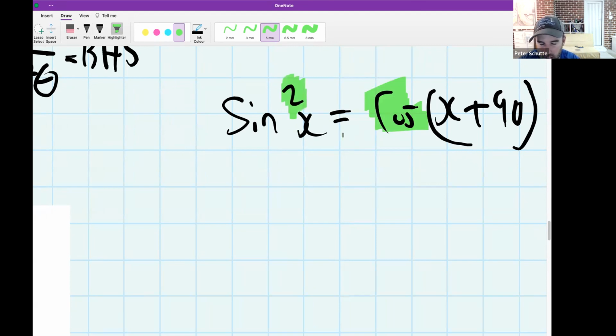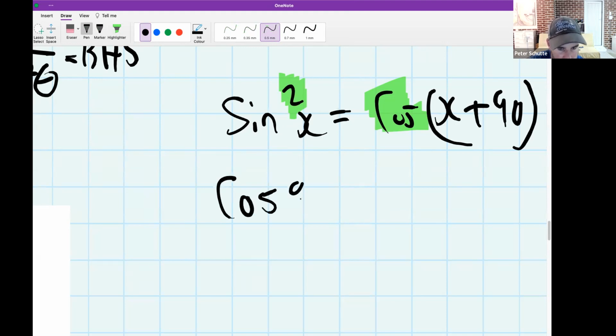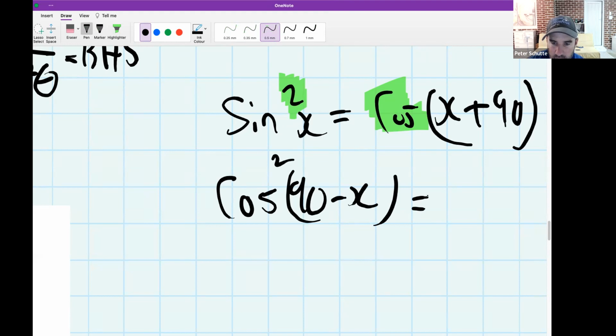So I would have to check if that is a reasonable question, let me have a look. Sines, what would I do? I could change this into a cos. Okay, so I would probably change this into cos(90 minus x), and then that would be squared.